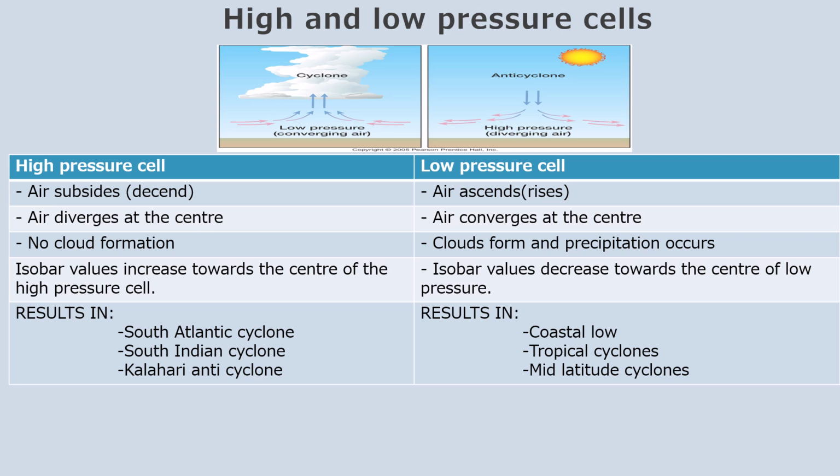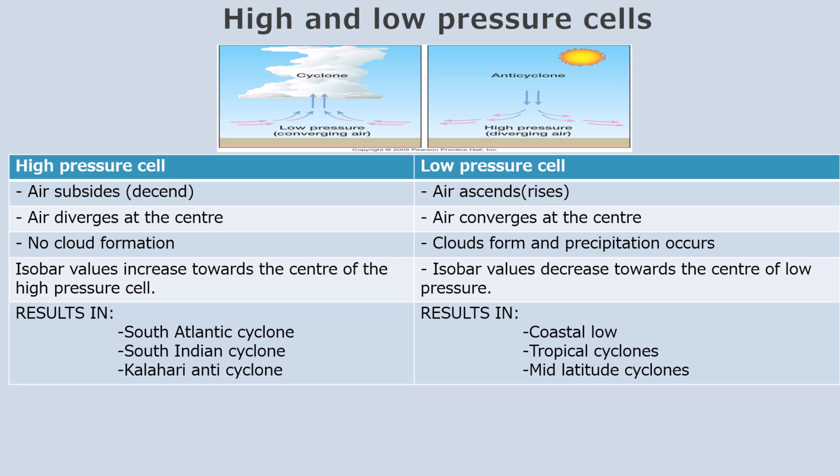Then let's simply check the precipitation that results from the high pressure cell and the low pressure cell. Under the high pressure cell, there's no cloud formation, which means there's going to be no rainfall resulting from this high pressure cell, right?